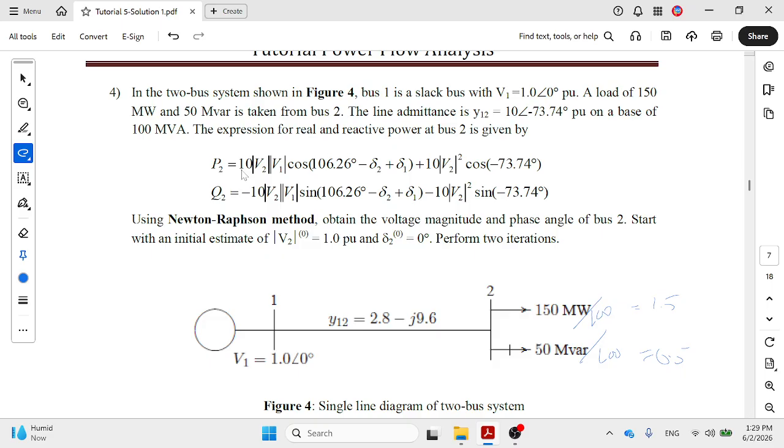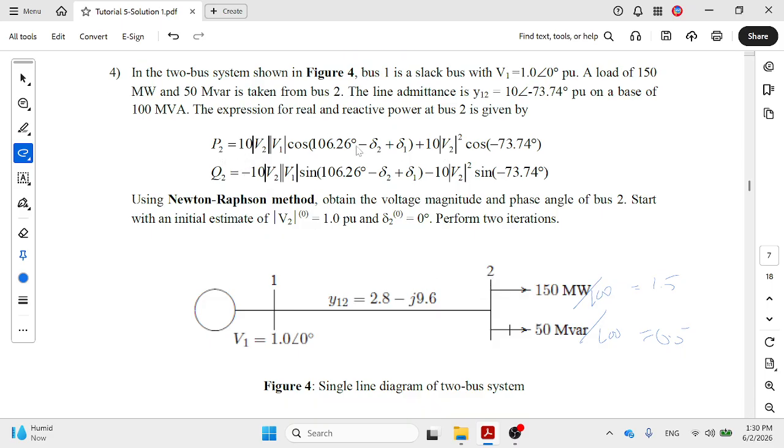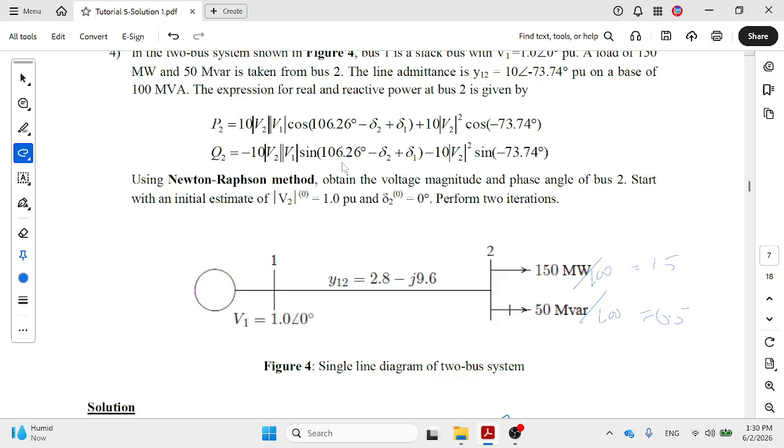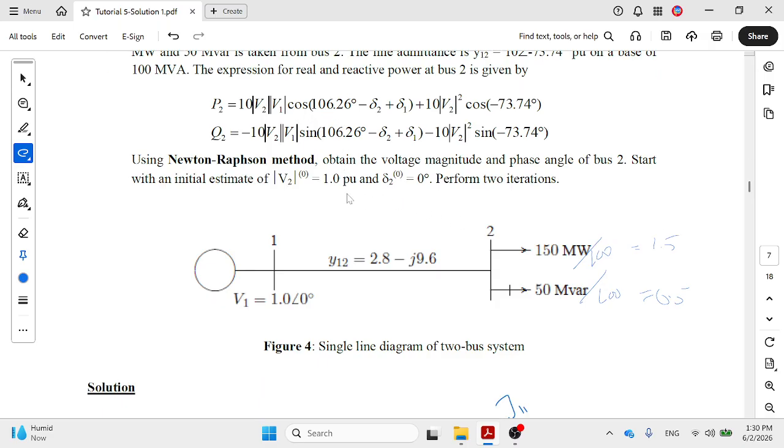Then the P and Q for bus 2 are given in the form of equations. It's a very gentle one given to you, and then it asks you to calculate the voltage and the angle of bus 2 after two iterations.